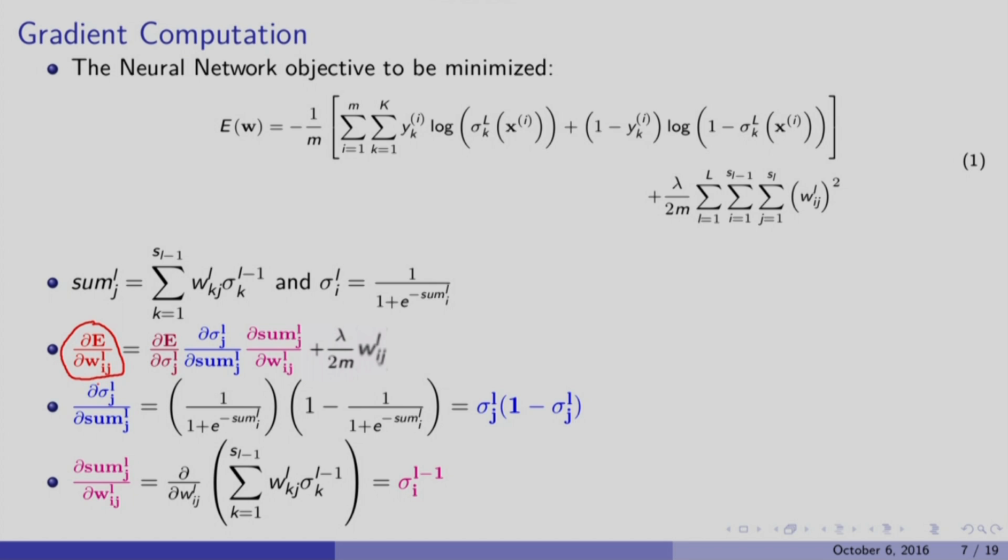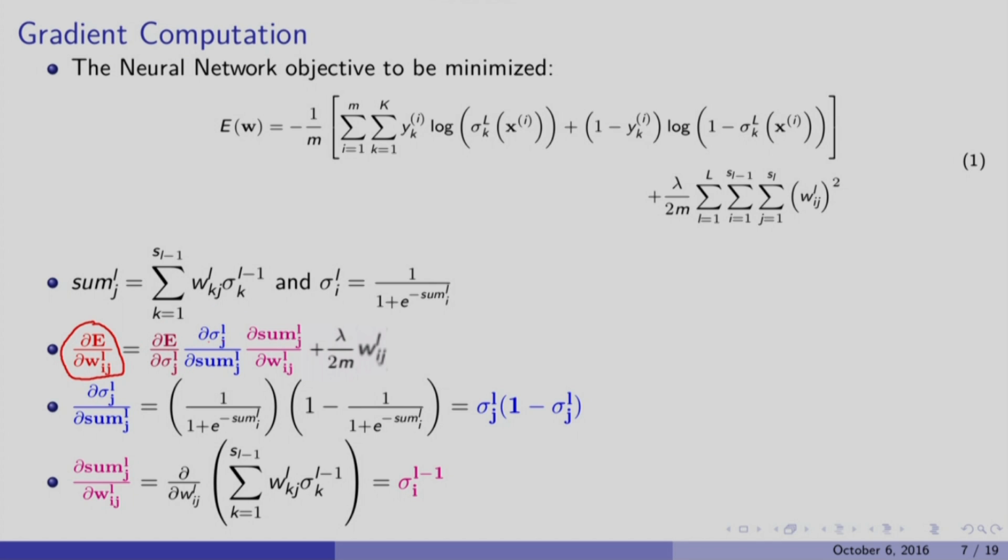The reason is that sigma j(L) is what helps you reflect Wij(L) into E. So recall that sigma j(L) is a sigmoid function or any activation function applied to the sum, which in turn depends on the W's.